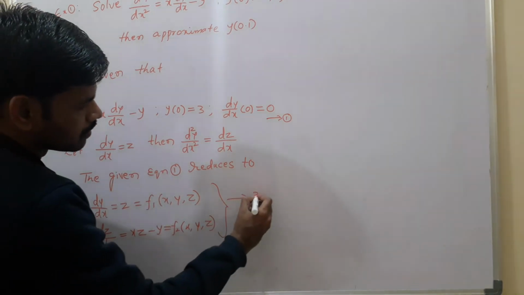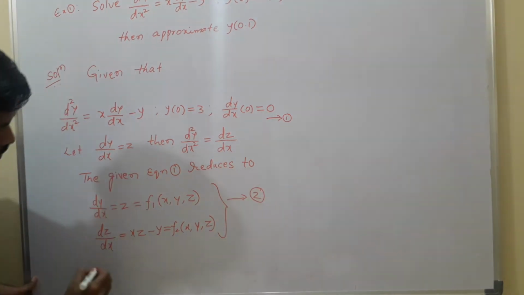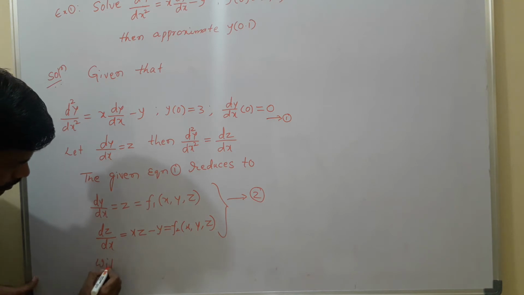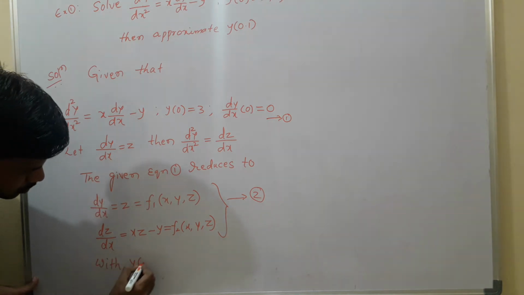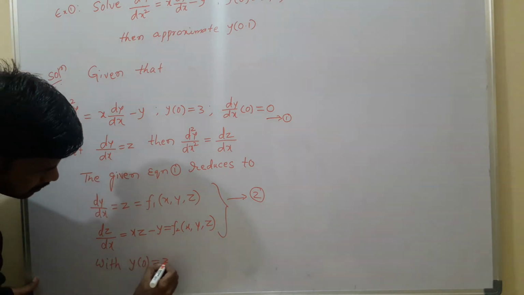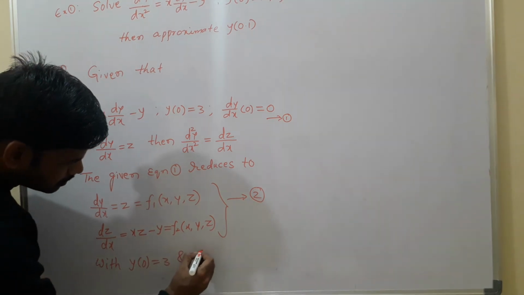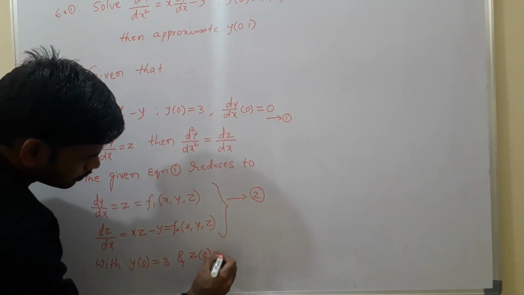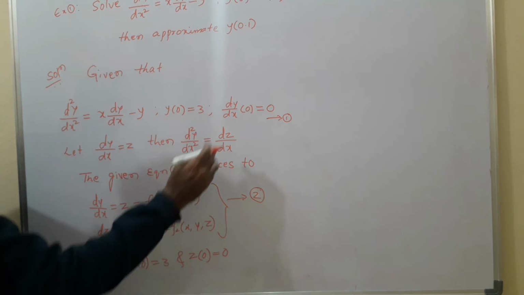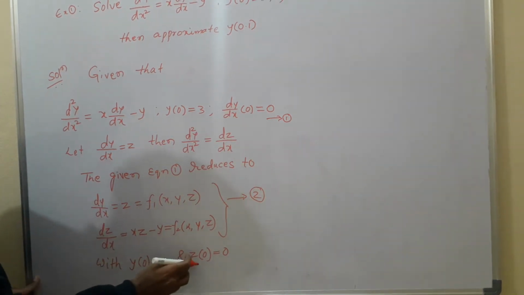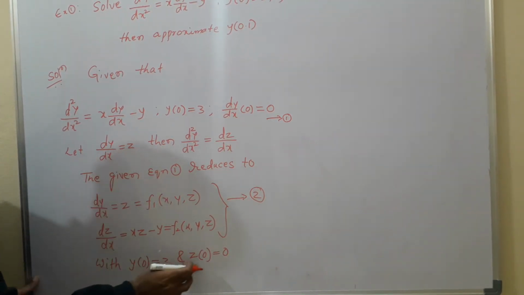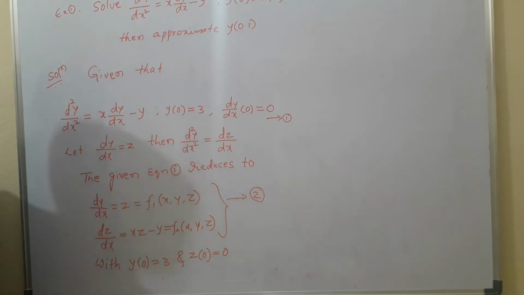That is equation number 2, with y of 0 equal to 3 and z of 0 equal to 0, since dy by dx is z, so z of 0 equal to 0.